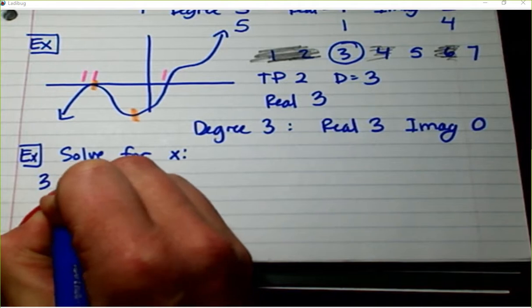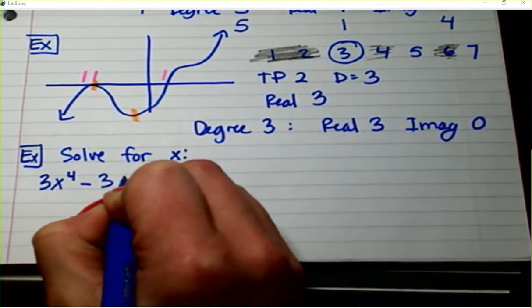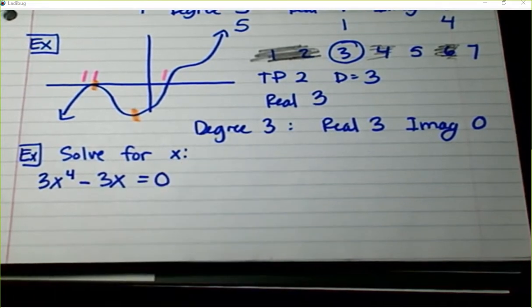So 3x to the fourth minus 3x equals 0. Okay, what's the degree? 4. How many answers should there be? 4. So if you don't have 4 answers, guys, you're missing something.